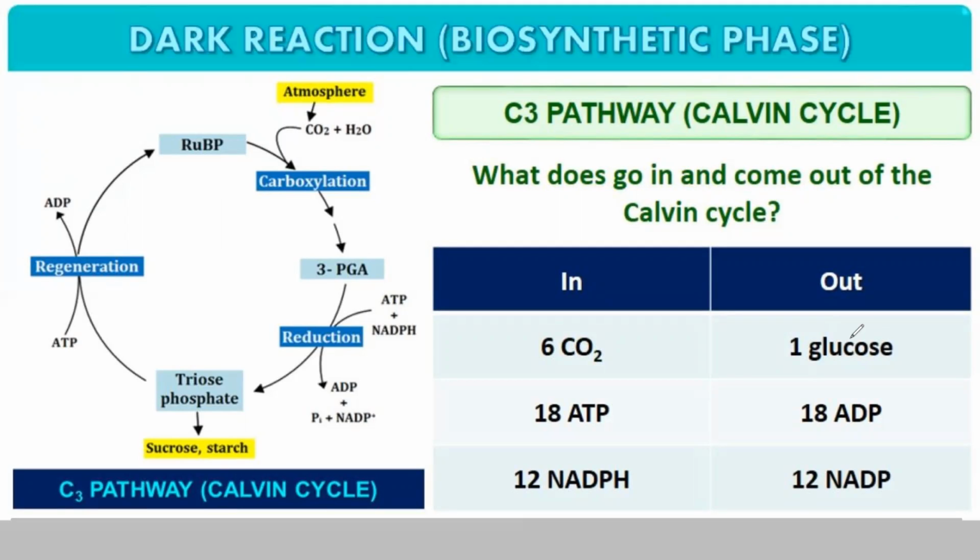What goes in and comes out during this cycle? 6 molecules of carbon dioxide get in, 18 molecules of ATP are utilized, and 12 molecules of NADPH are utilized in the Calvin cycle. And the products formed are 1 molecule of glucose, 18 molecules of ADP, and 12 molecules of NADP.